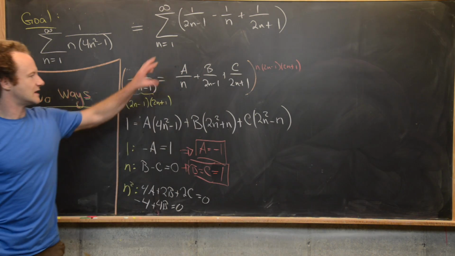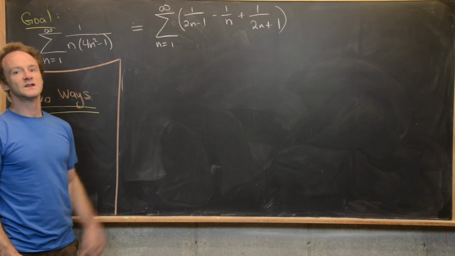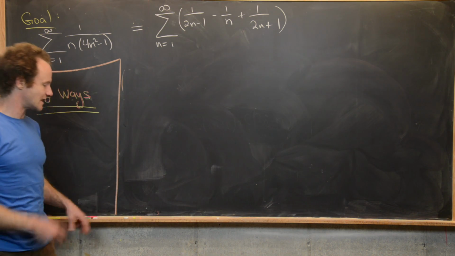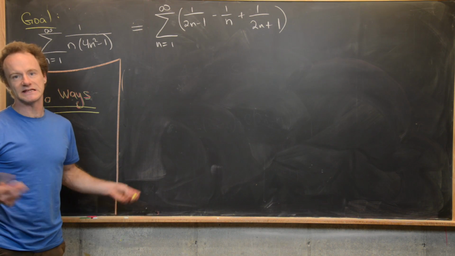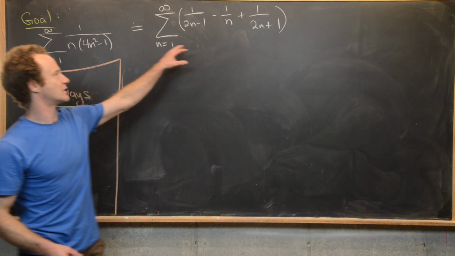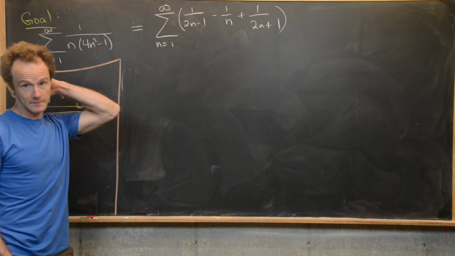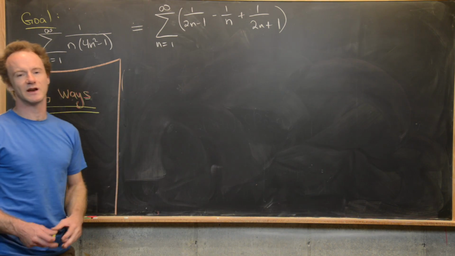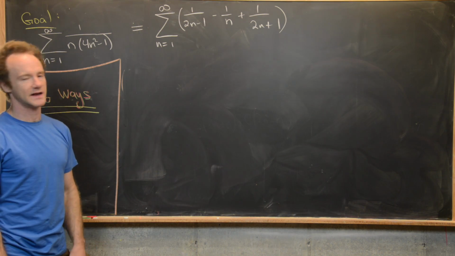Now what I want to do is maybe clean this up so that we can look at this a little bit more carefully. So now I'm going to do something that's a bit trivial, an easy calculation, but it's extremely helpful. The motivation is we want to symmetrize this a little bit. Notice we've got this 1 over 2n minus 1, this 1 over 2n plus 1. Those are both 1 over odd numbers.